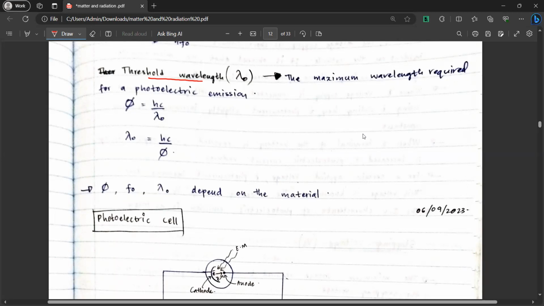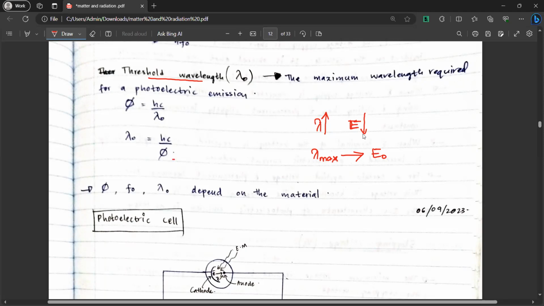Because when the wavelength increases, what happens to the energy of that photon? It will decrease. So we look for the maximum wavelength. For the maximum wavelength, we are talking about the E naught, the minimum energy required.